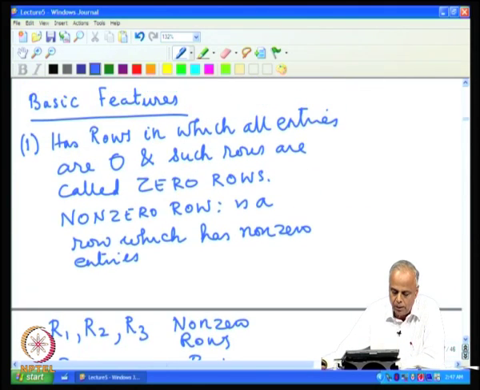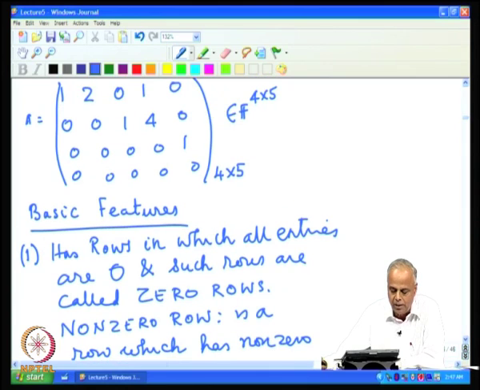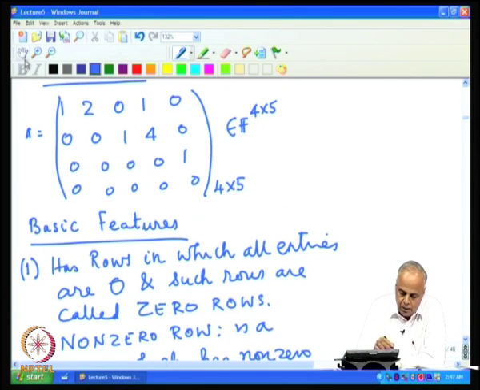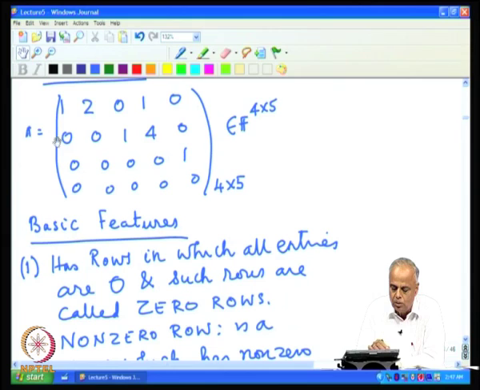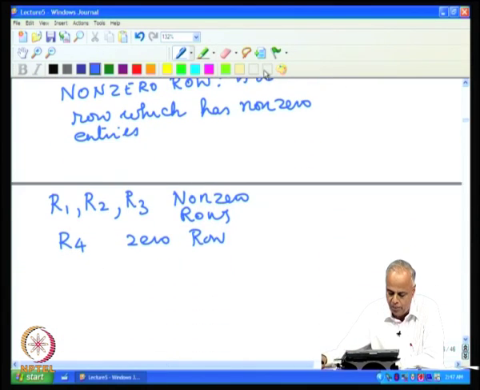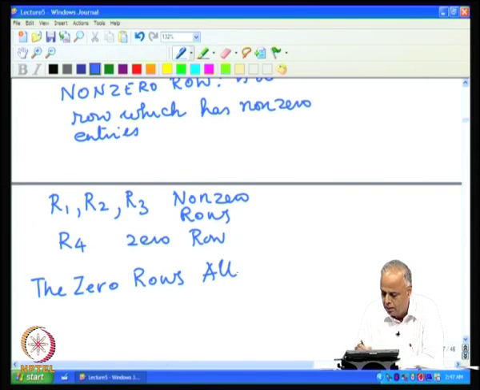And the most important structure here, the first starting point, is that the row which has all 0 entries comes after all the non-zero rows. The non-zero rows appear on top and then come the 0 rows. So, the first important feature therefore is that the 0 rows all appear below all non-zero rows.